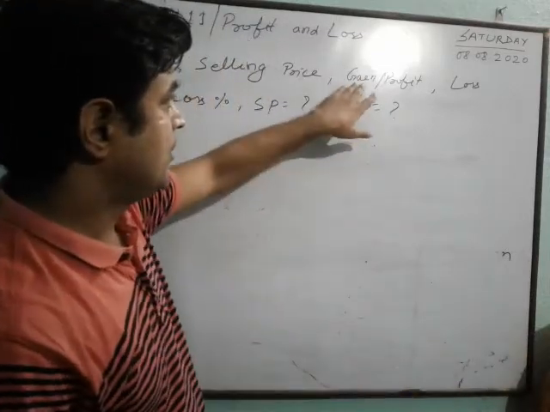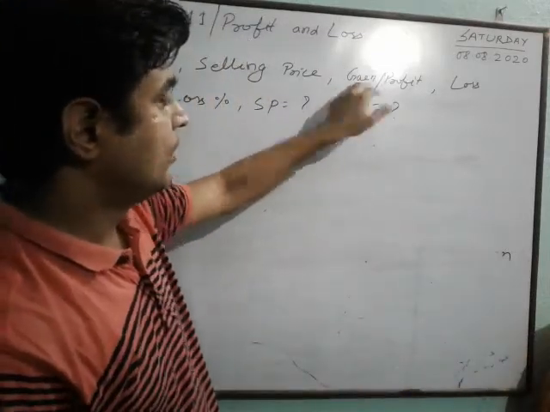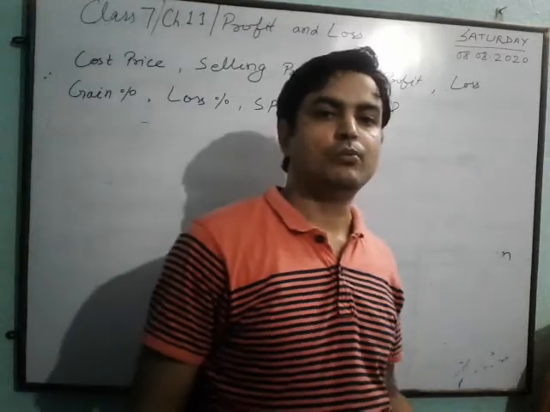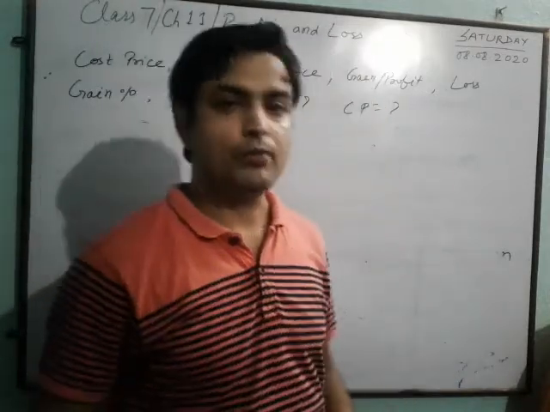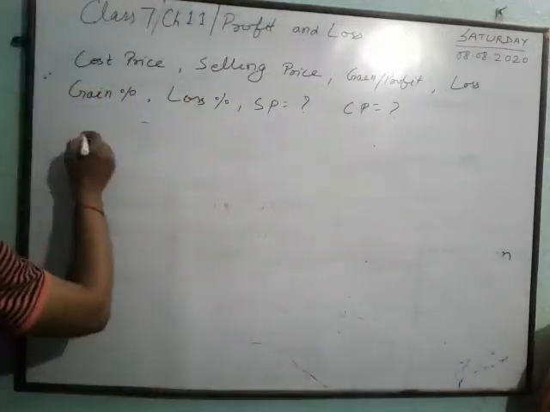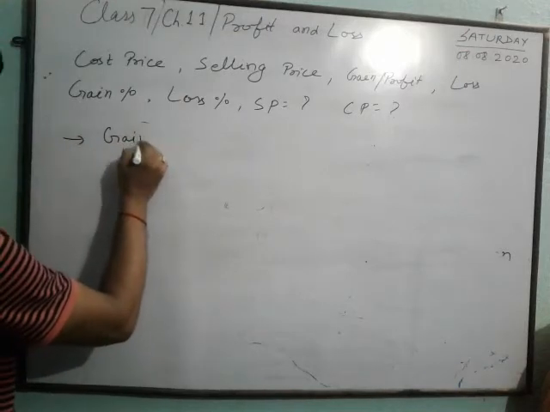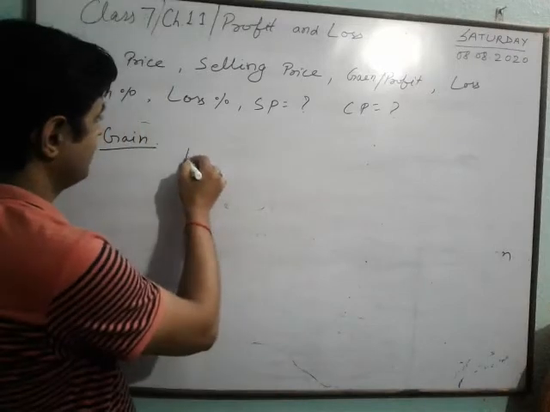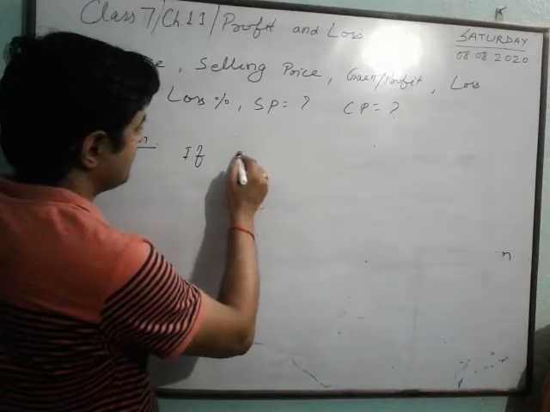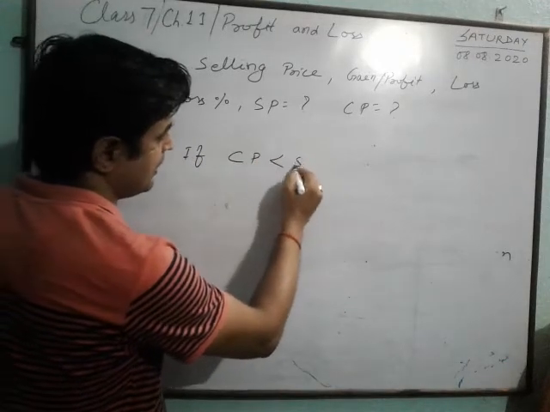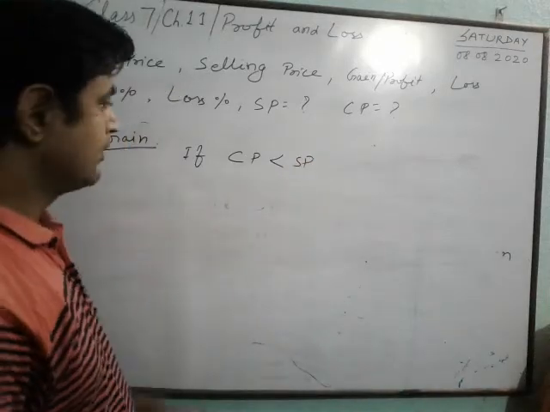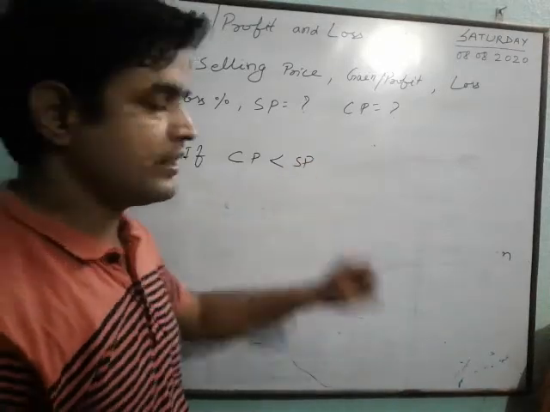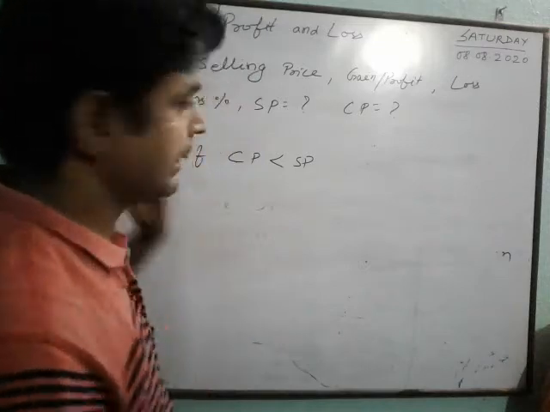First I will explain in which condition we get gain or profit. Gain, if CP is less than SP, that is when cost price is less than selling price, then we have gain.